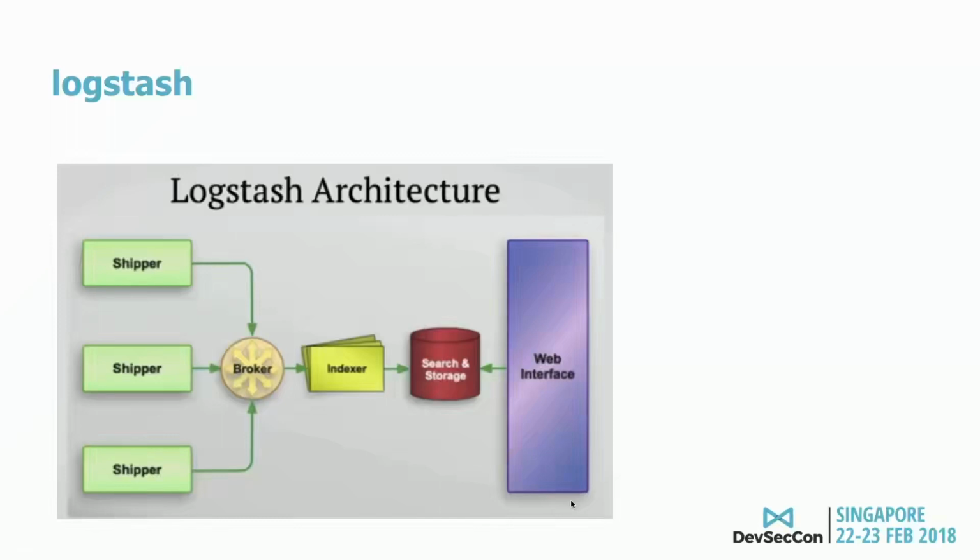For us it was an S3 bucket, but people do store it in Hadoop or Hive as well. Then there is the web interface; for us it was Kibana, but yes, there are many other open source visualization platforms as well which you can use. So this was the basic mechanism of the ELK.